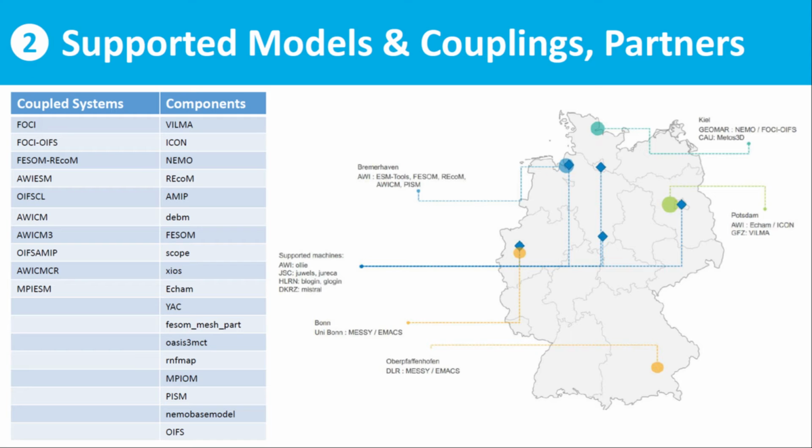So if you want, you can run the models as standalone, or you can very easily run coupled simulations. And from the user's perspective, there is no single difference between running a coupled system or a standalone system. Basically, you give a very similar run script, and then you are good to go.